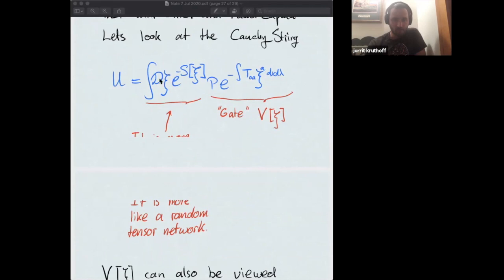And then the final path integral over this Xi is basically like a random tensor network. So V is a single instantiation of such a gate that I apply to my state, and then the TTbar operator instructs you to average, in some sense, over these Xi's.